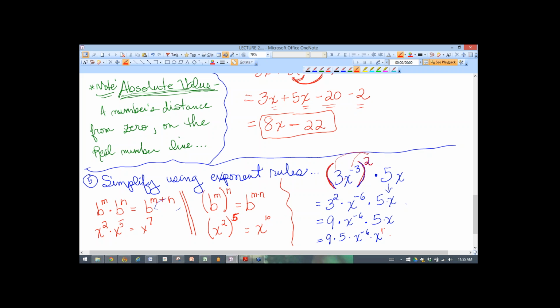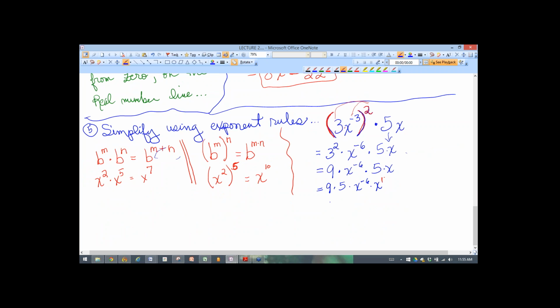So now I'm going to take care of these. 9 times 5 is 45. And here is that very first rule. This says if the bases match, which they do, I have x and x, then I can add the exponents.